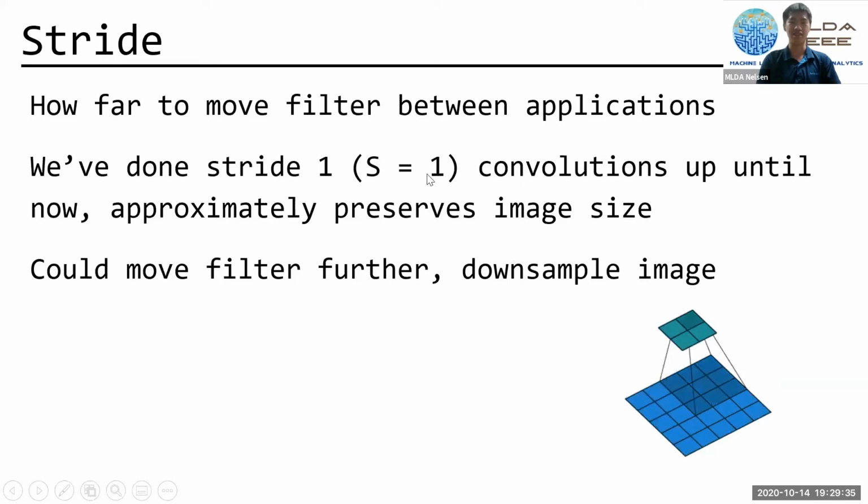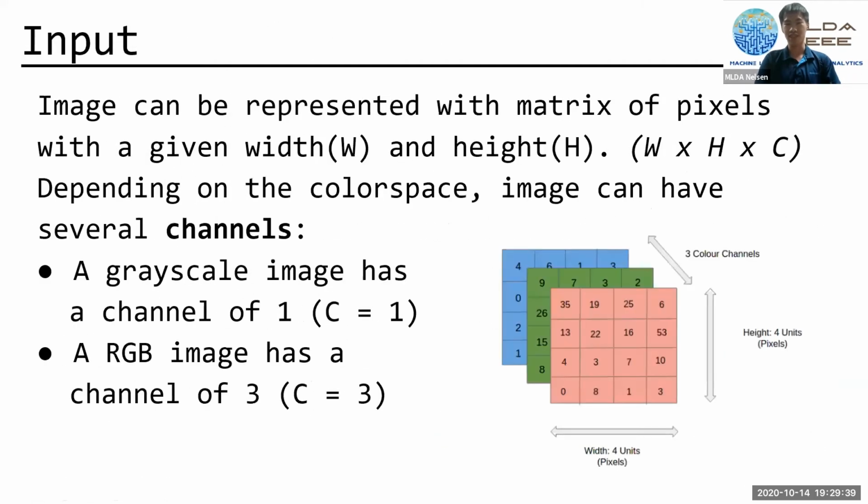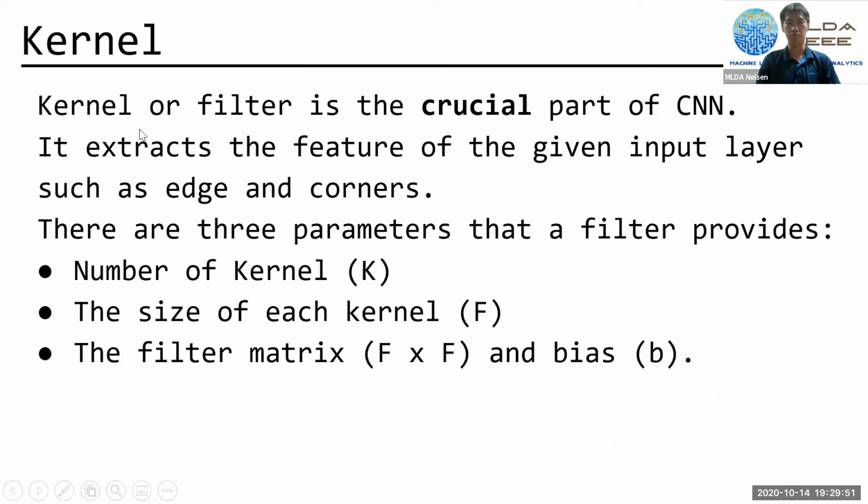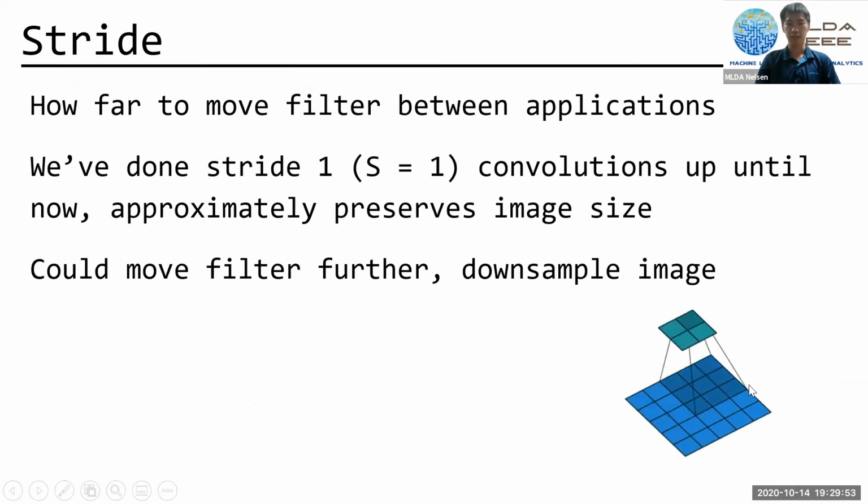In the previous example, we used a stride of 1, so we didn't skip any pixel. We evaluated all the pixels one by one without skipping a row or a column. But here, in this example, we do some skipping. This is one of the parameters that we can tune in convolutional neural networks.